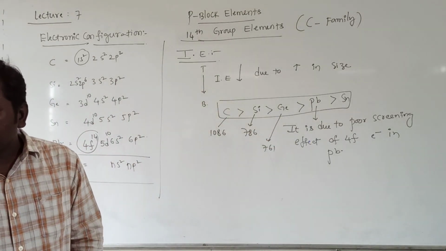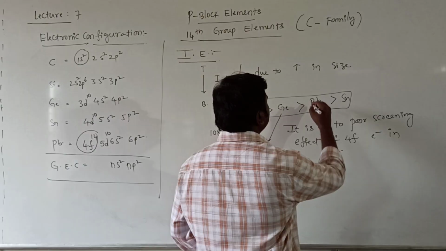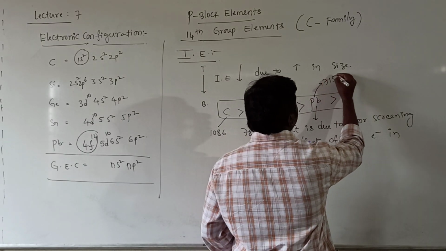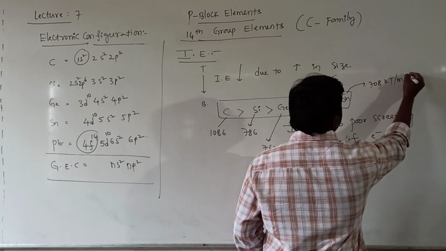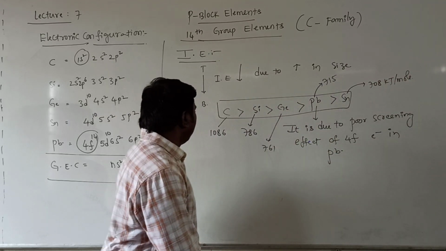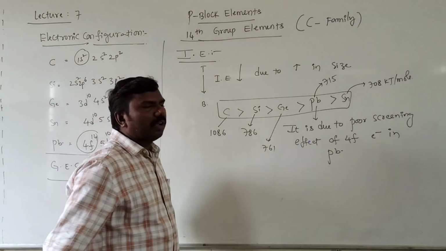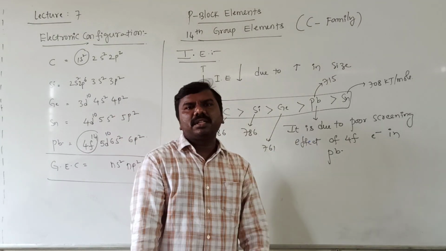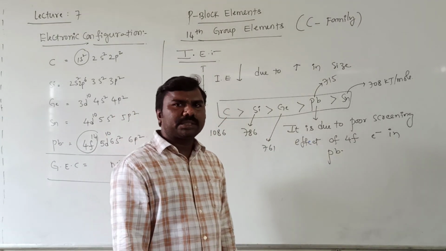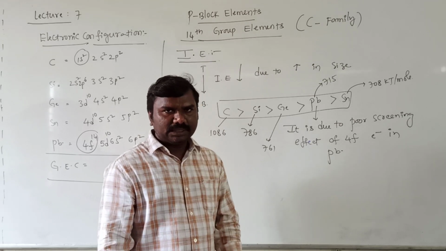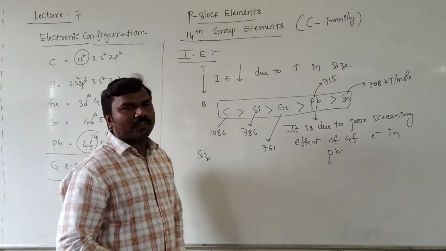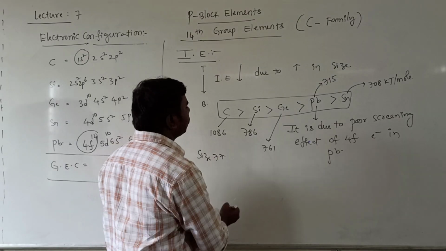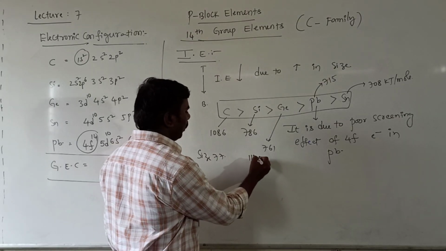Lead value will be 715 kilojoules, 708 kilojoules per mole. So these are the values. From carbon to silicon, there is a sudden decrease in which value? Ionization enthalpy value, because the size of carbon is 77 picometers and silicon is 118 picometers.